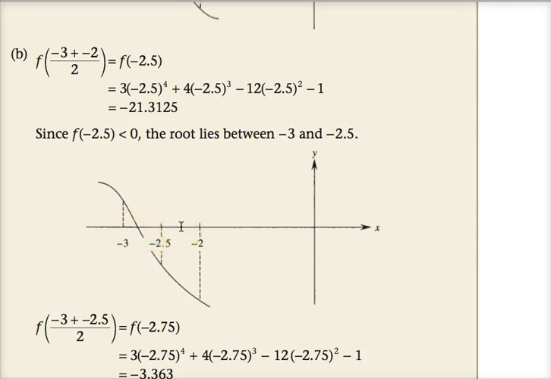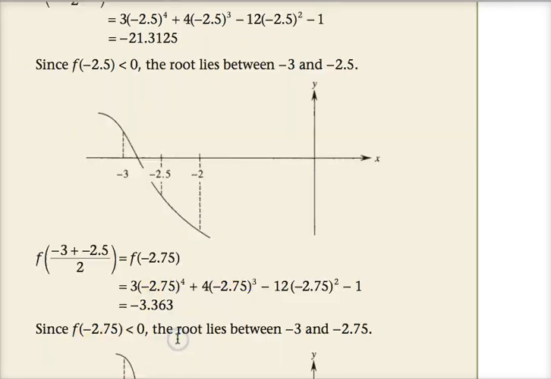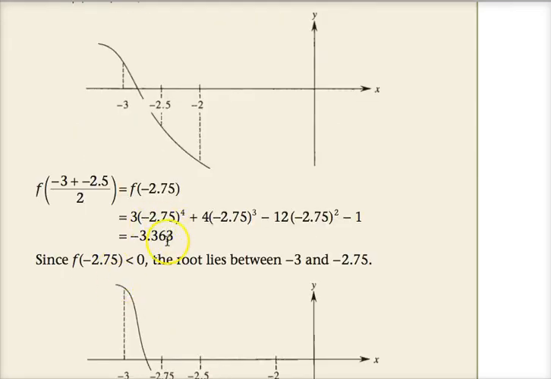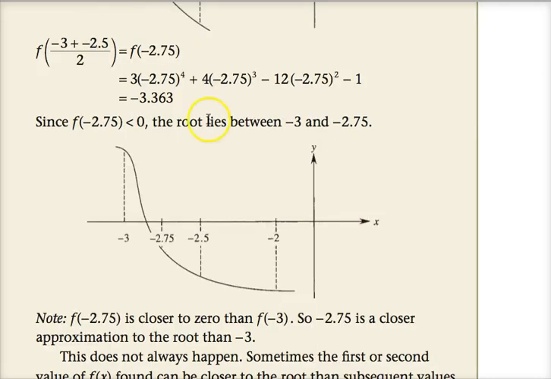So we do another approximation of negative 2.75. Substitute that in and we still get a negative answer. So we know that function of negative 3 is positive. Function of negative 2.75 we're getting is negative. So therefore, since function of negative 2.75 is negative and function of negative 3 is positive, the root lies between negative 3 and negative 2.75, and there is a quick sketch there.